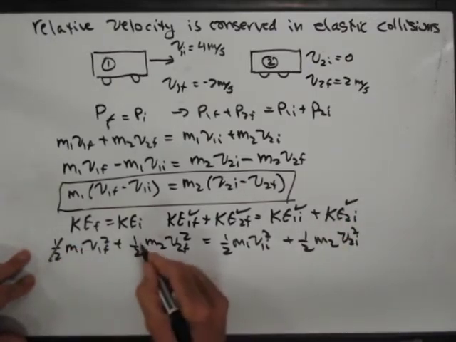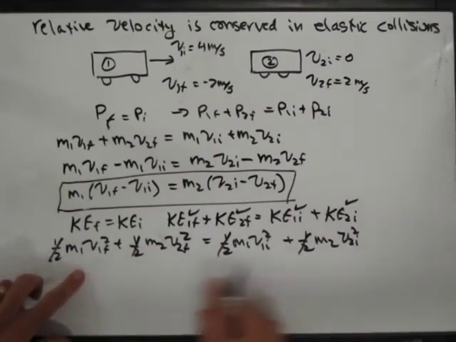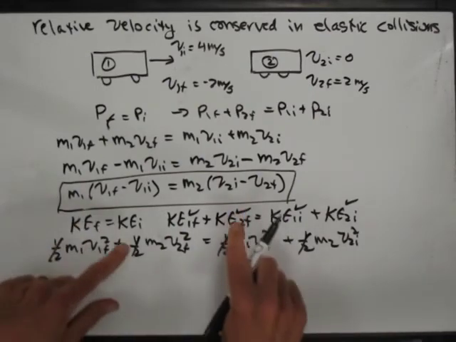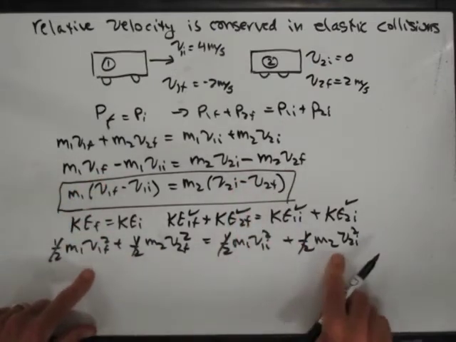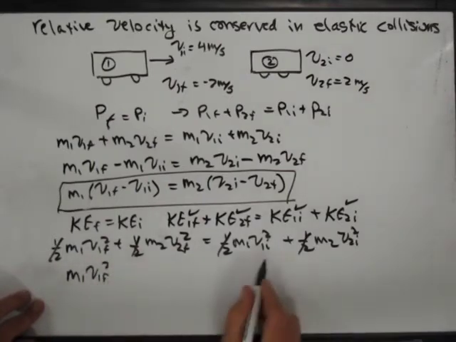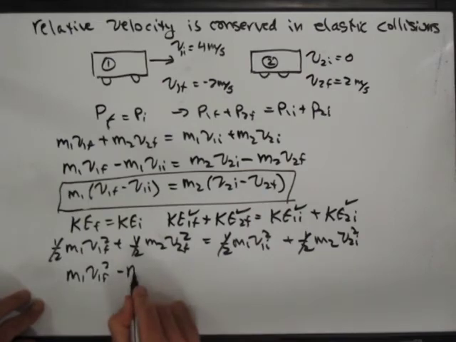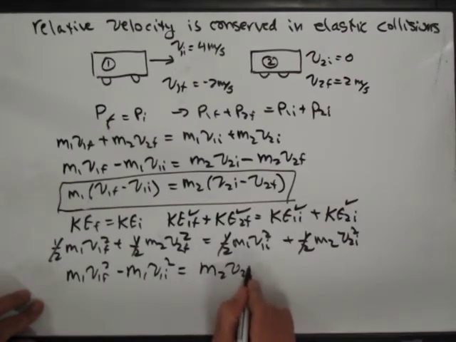So right away I can see all the halves in this equation cancel, right? I can multiply everybody by 2 and get that. And I'm going to do the same thing here that I did here. That's saying I'm going to move the 1's to one side and the 2's to the other side. So this one becomes M1 V1 final squared. Don't be afraid of a little algebra. It's not too bad. Minus M1 V1 initial squared equals M2 V2 initial squared.